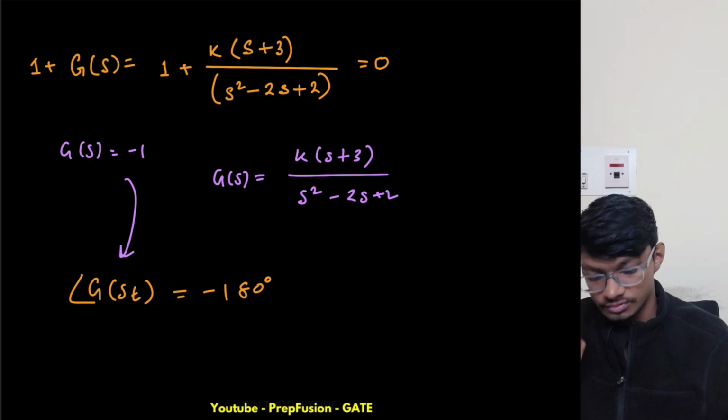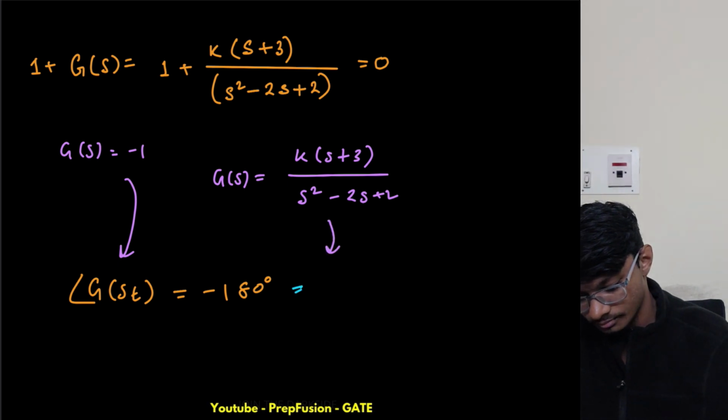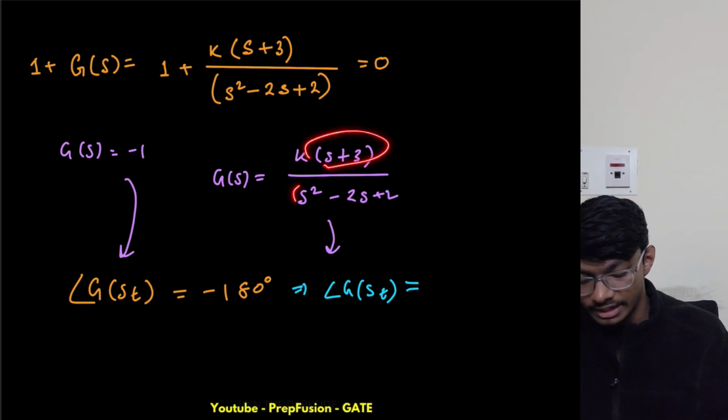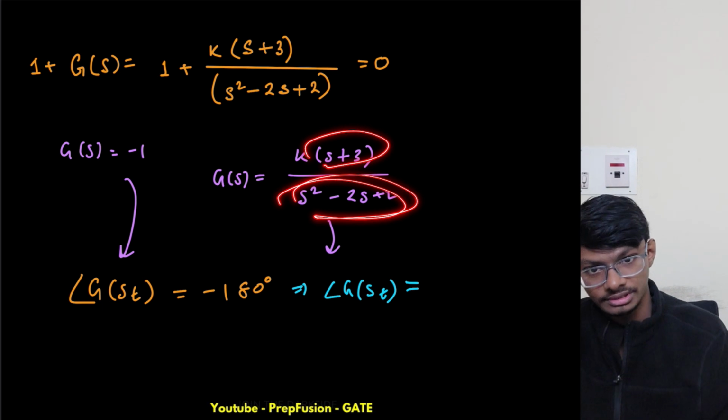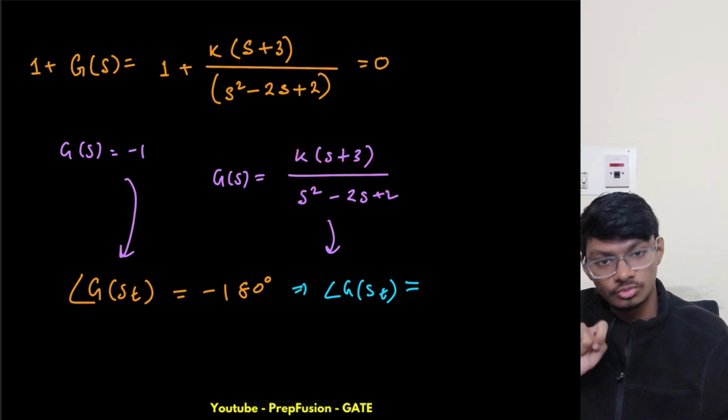Now if I find the angle of g of s at the test point, what does this mean? Here I have two poles, which will come in negative because they are in the denominator, and the zero is in the numerator, so it will be positive.